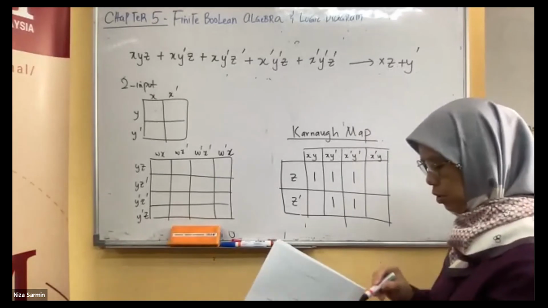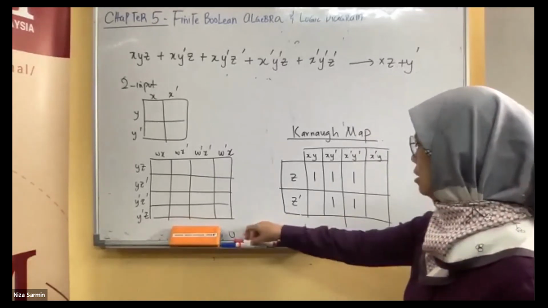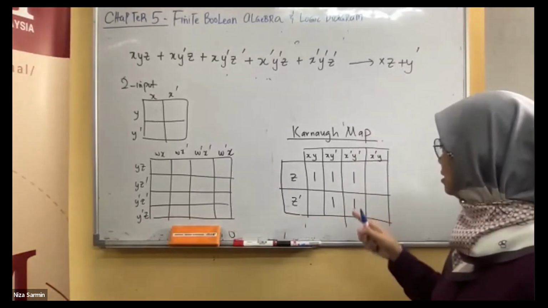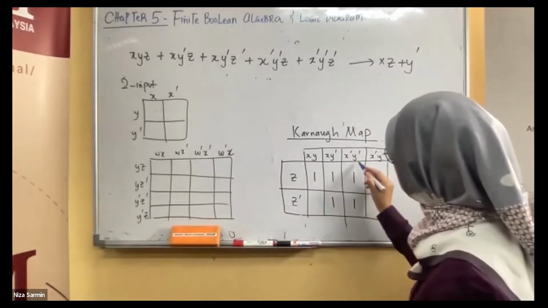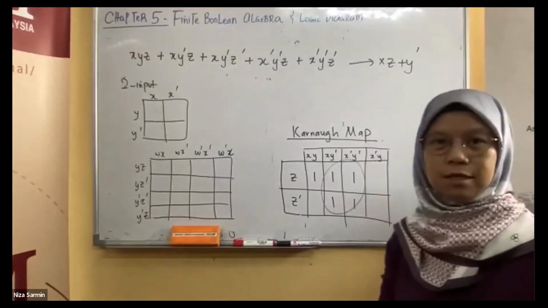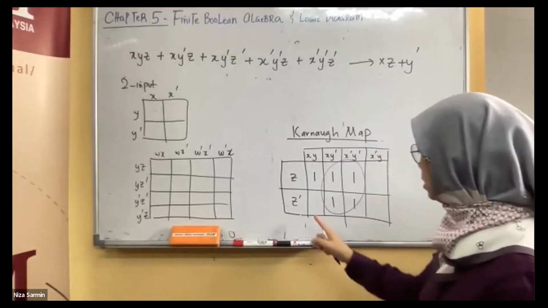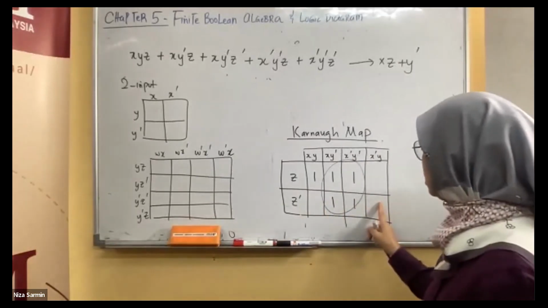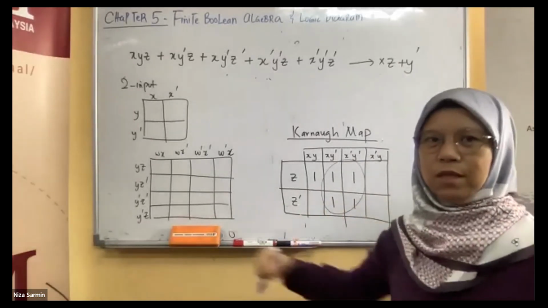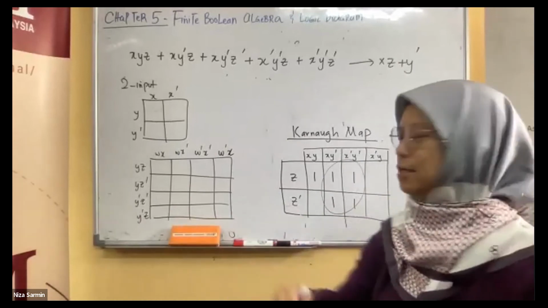So what you will do is you draw a circle. What is the largest circle here? 4, right? This one. You can draw a circle. Okay, remember, this is like a cylinder. If you have one here, you can put together, this is cylinder, yeah?